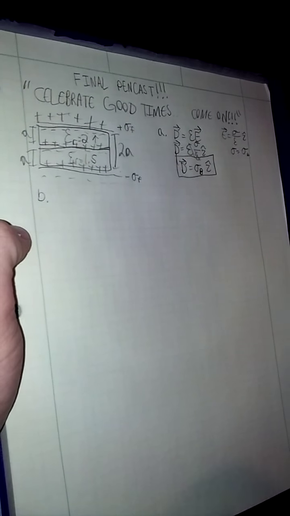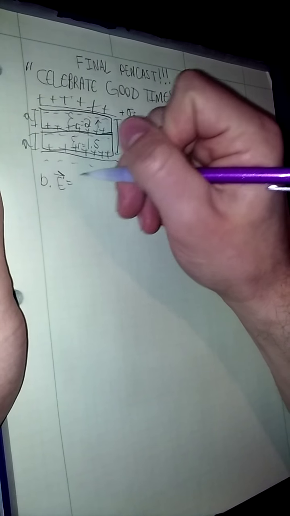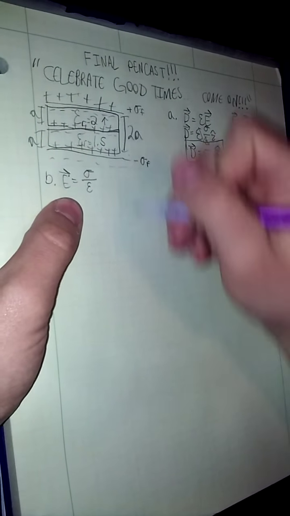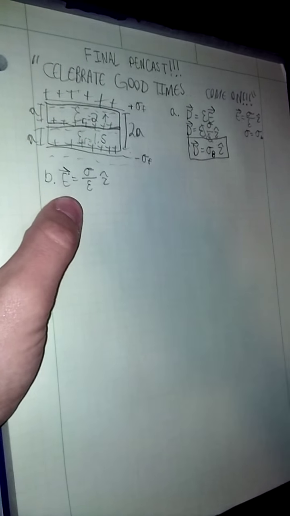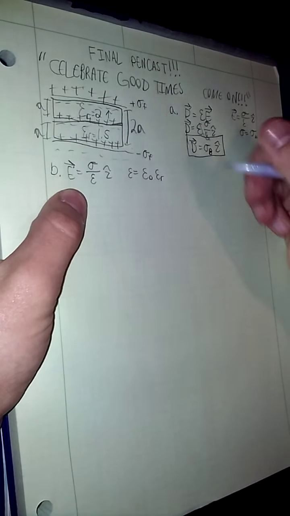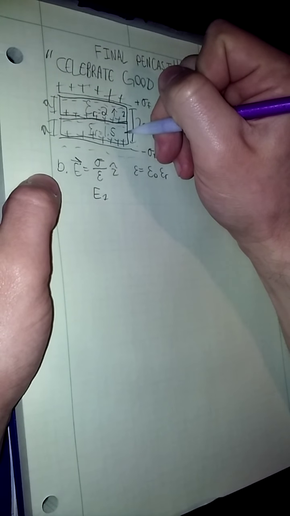Part B, find the electric field in each slab. Once again, if we assume these are infinite sheets, the electric field is sigma over epsilon in the z-hat direction. Epsilon is epsilon naught times epsilon sub r. So for the first one, this is 1, this is 2.